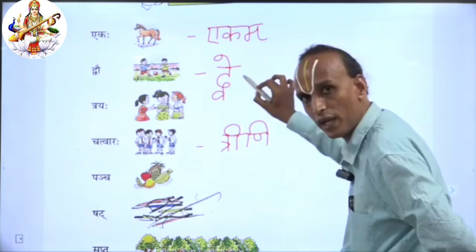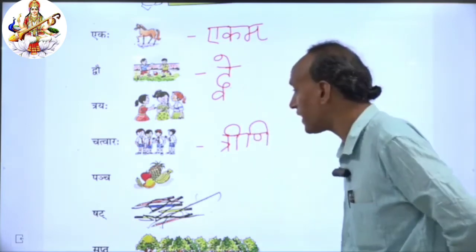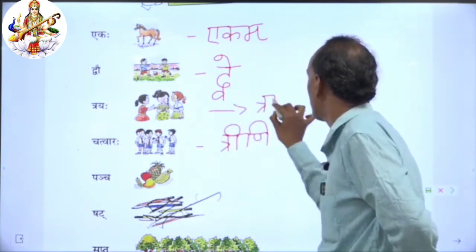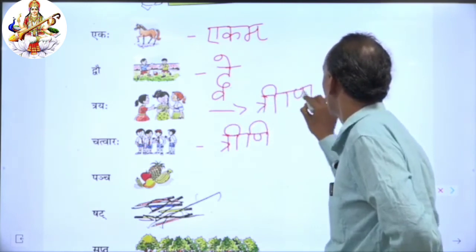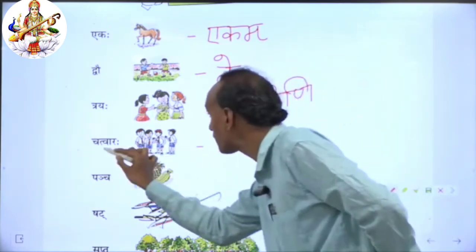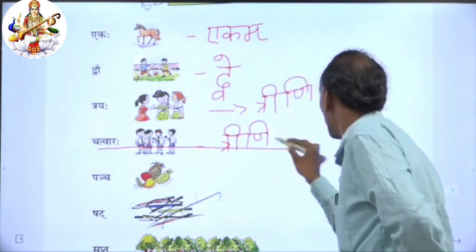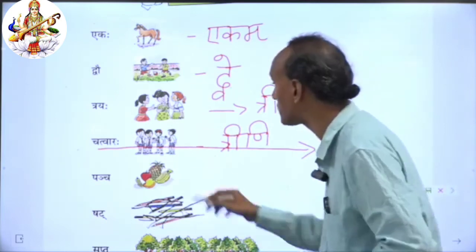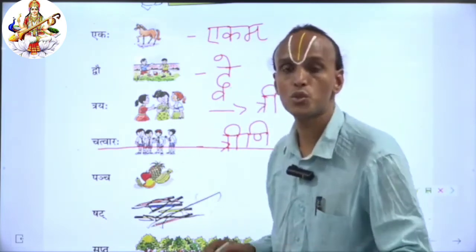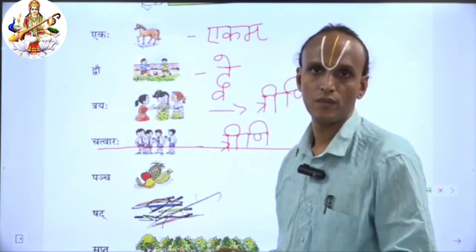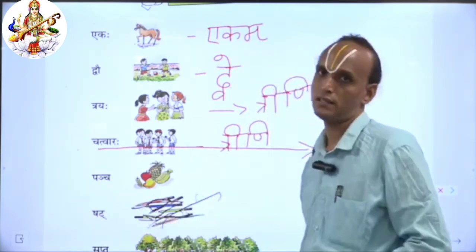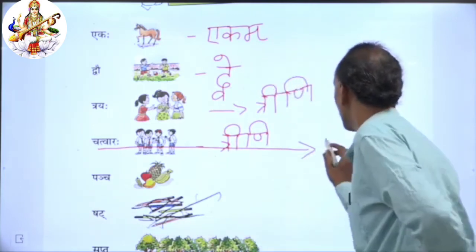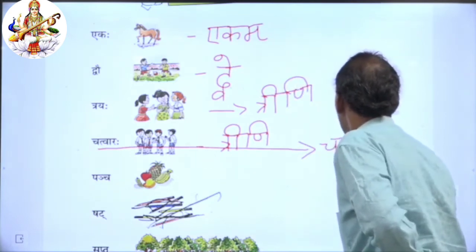Ekam, Dve, Trini. Then here I should write Trini. Then here for this word Chatvaraha, I will write here. Why have they given Chatvaraha here? Because the picture belongs to students, 4 students. So, Chatvaraha, Chatraha. But normally we say Chatvari. See here. Chatvari.